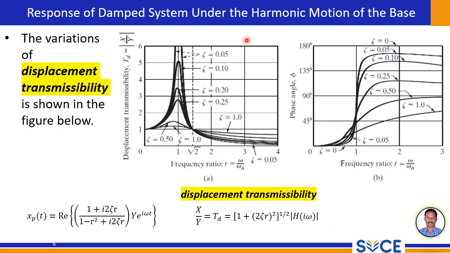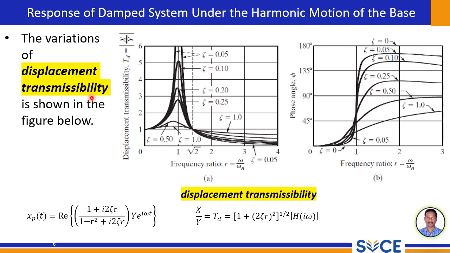Now, let's visualize how the system response changes with respect to frequency ratio r and damping ratio zeta. We will focus on the key concept called displacement transmissibility.